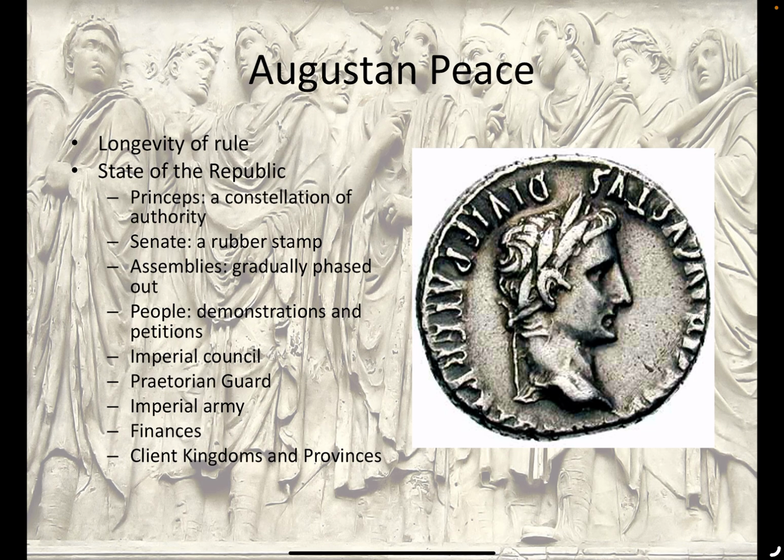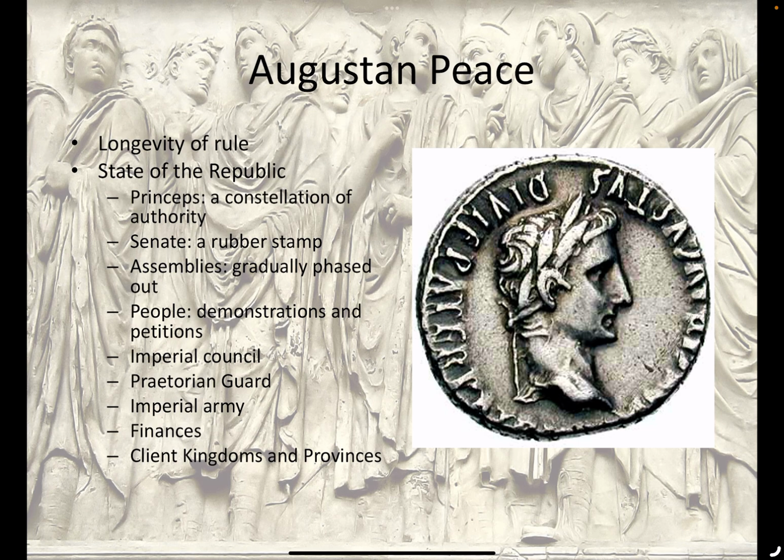The people, meaning the plebeians, 90+% of the population, did not have a voice anymore politically, meaning the concilium plebis, which had been a very important thing in the late Republic, was phased out and done away with, and for the while it continued to exist, it had mostly just ceremonial function. Instead, the people could demonstrate, they could give petitions.